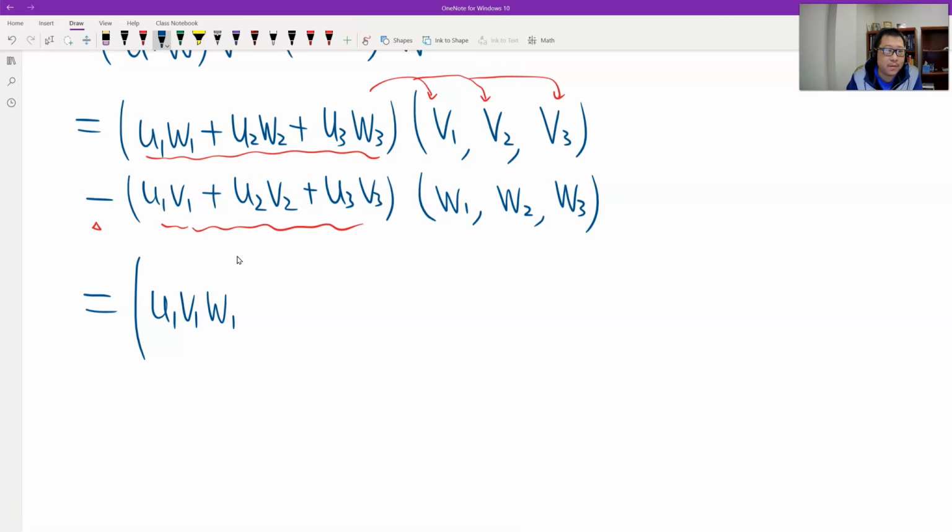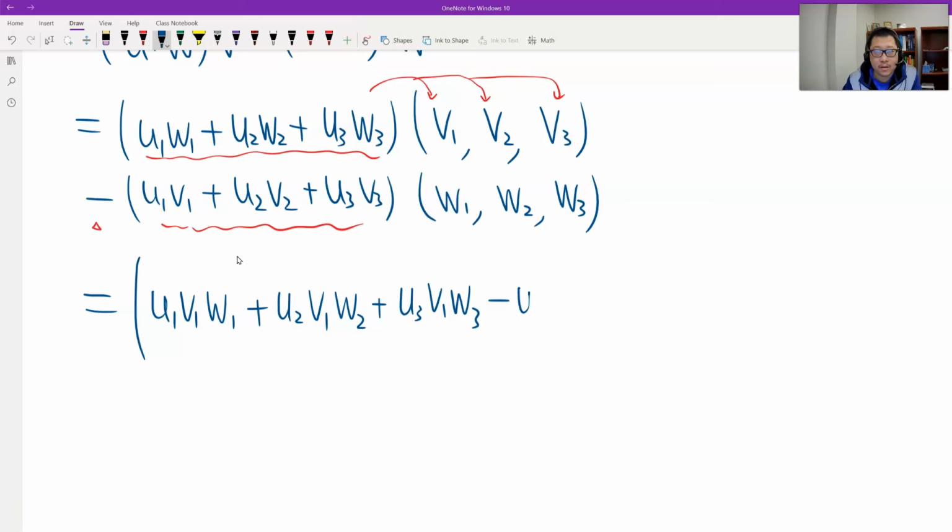U1, V1, W1. Good. And the second, which is U2, V1, W2, plus the third, U3, V1, W3. I will switch the order. And then minus. So three terms positive and then three terms negative.